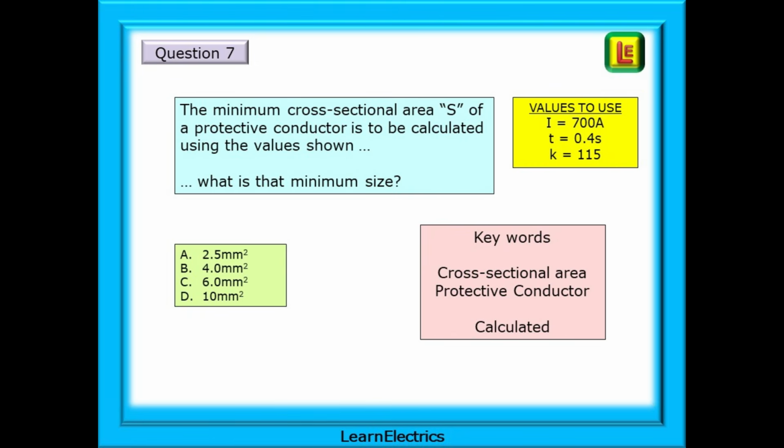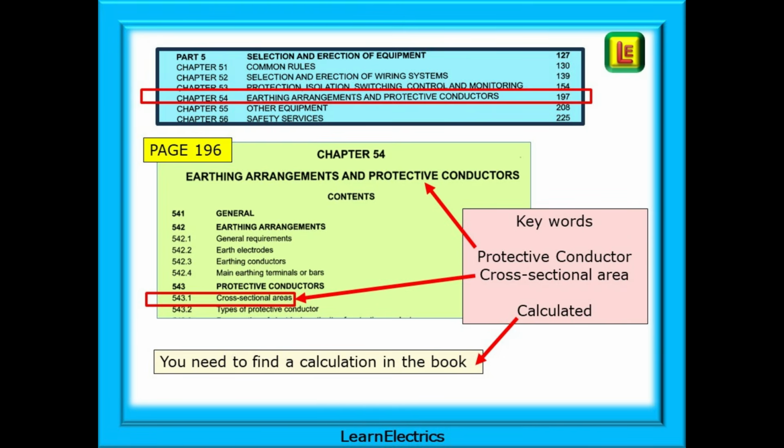The keywords here might be cross-sectional area and protective conductor. The word calculated also gives us a clue that we are expected to use a calculator for this question. Starting at page 3, we can see that part 5 includes chapter 54, where we were for the last question.